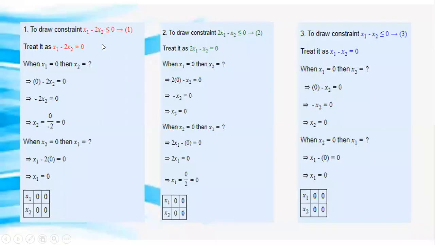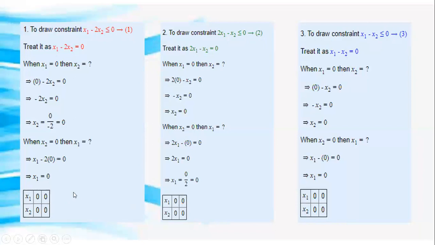The first equation is written in red, the second in green, and the third in blue. Solving, we get x1 as 0 and x2 as 0 for all three. So here we know only the origin point; how to extend that line, that angle, we don't know.